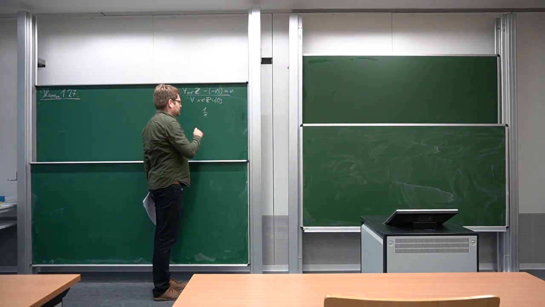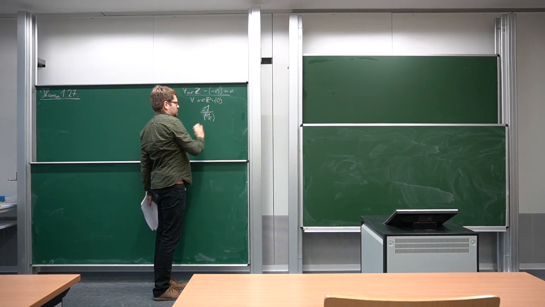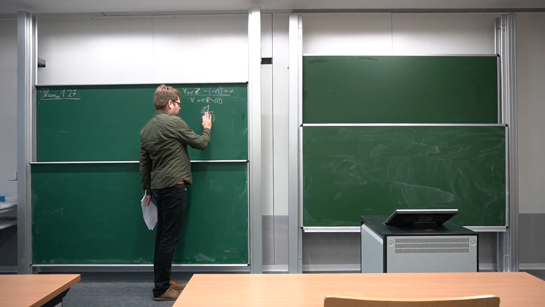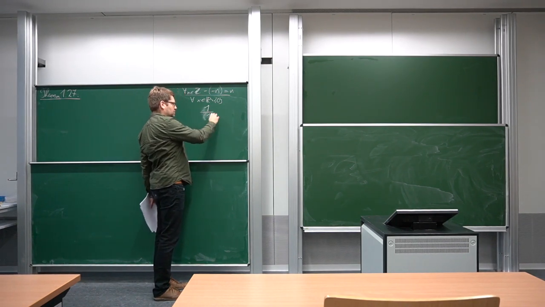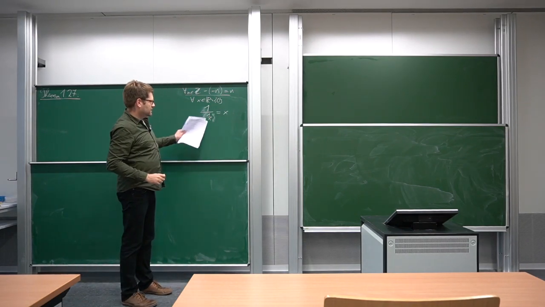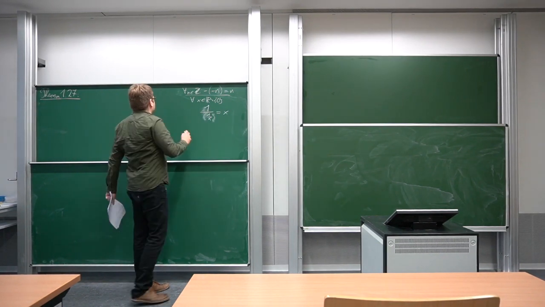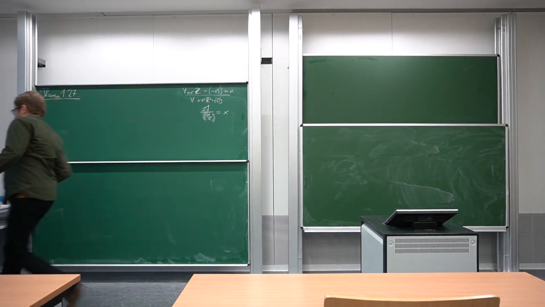But if we now take the inverse of this again, so this would look like 1 over 1 over x, we know from high school that this is nothing but x. So again, the inverse of the inverse is the original element. And it turns out that this is a general phenomenon.